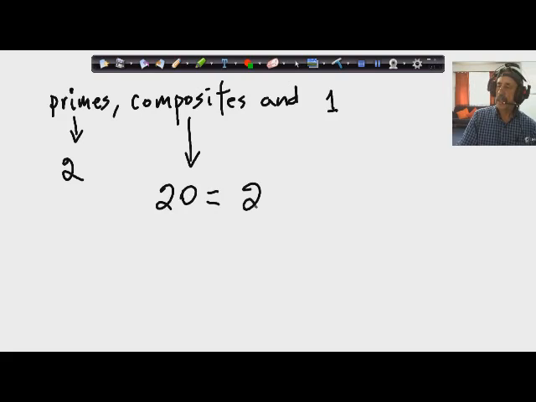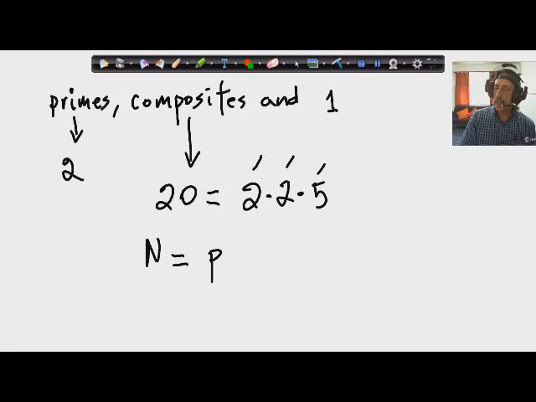Every composite number can be factored into its prime components. Some of them might be repeated, like in this example, this is a prime, this is a prime, this is a prime. If a number is factored into its prime components, some of which might be repeated, we want to observe two basic facts.